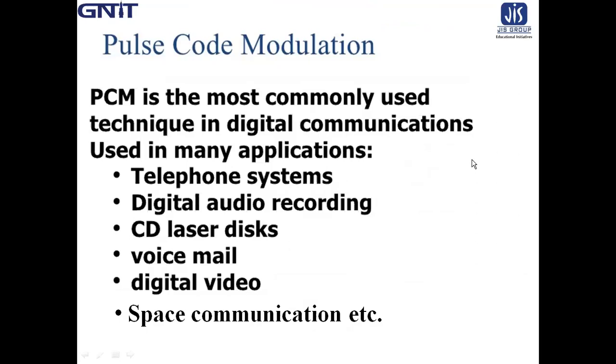In space communication, spacecraft transmit signals to Earth. Here the transmitted power is very low and the distances are huge. Still, due to high noise immunity, only a PCM system can be used in such an application.